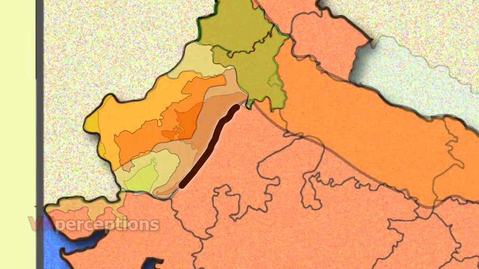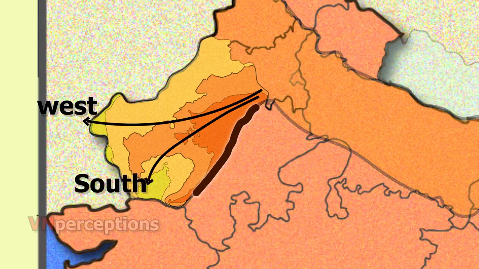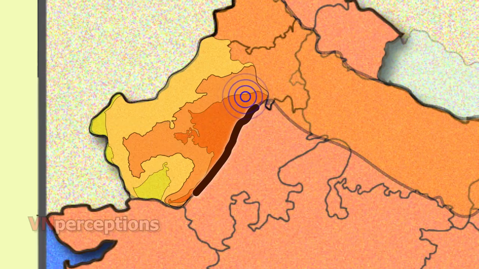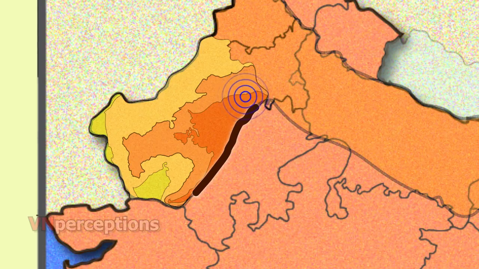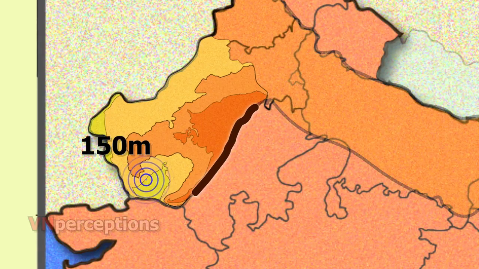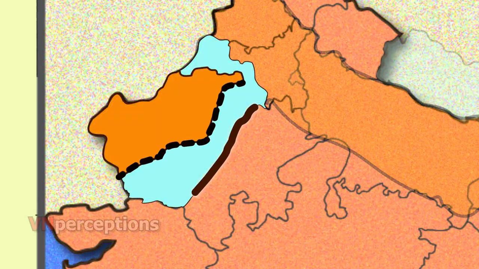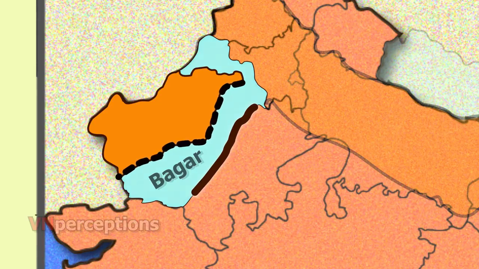The Rajasthan Plain slopes towards west and south. The northeastern part of the region has an average elevation of 300 meters, while the southeastern part is less than 150 meters.